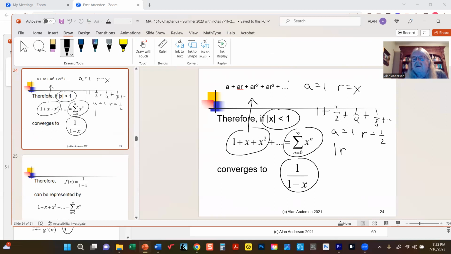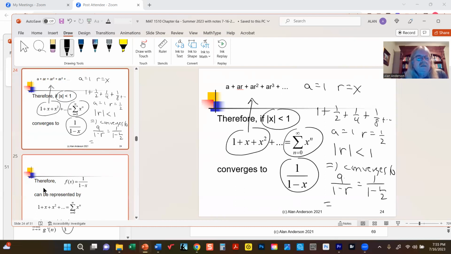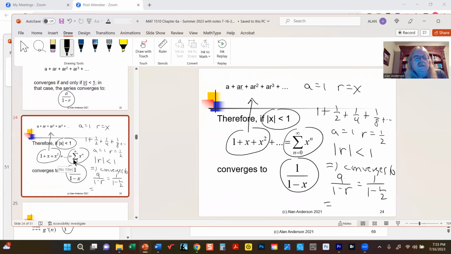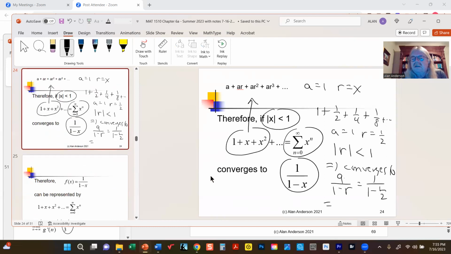And since r is less than 1, this converges to a over 1 minus r, which is 1 over 1 minus a half, which is 2. Okay, that infinite sum will end up converging to 2.